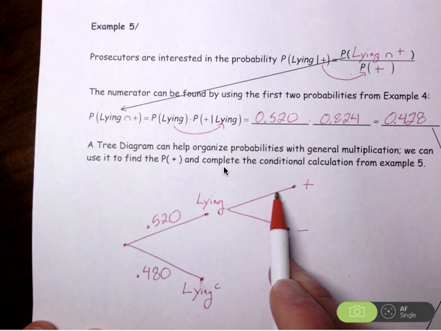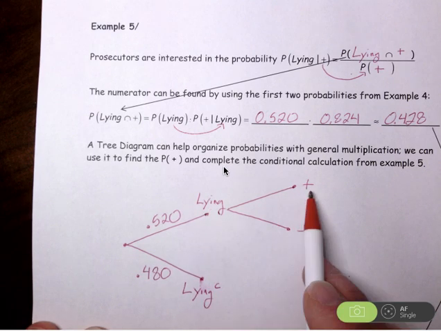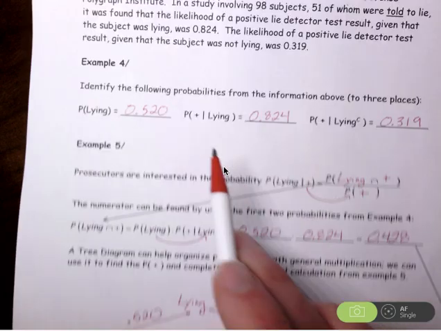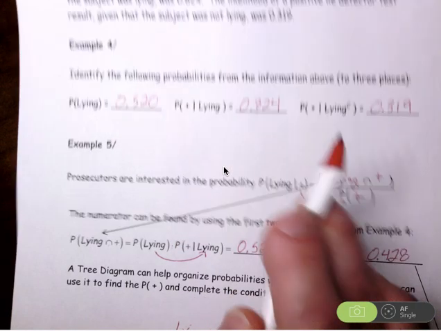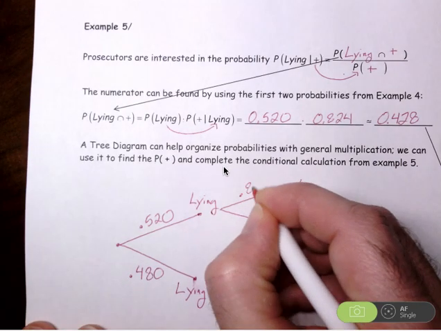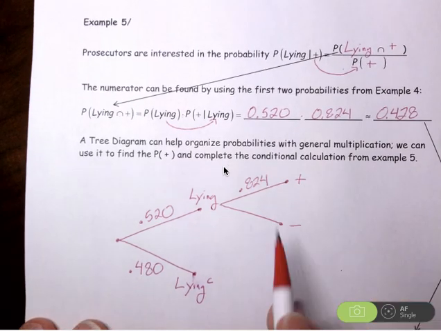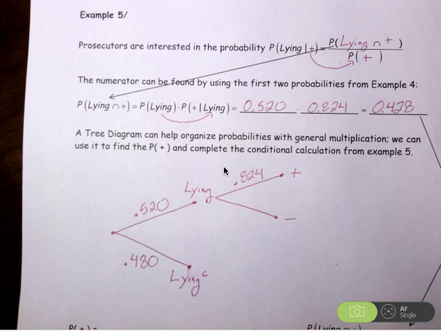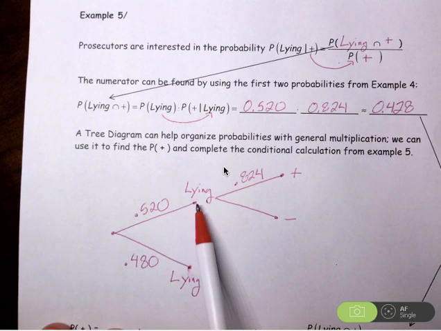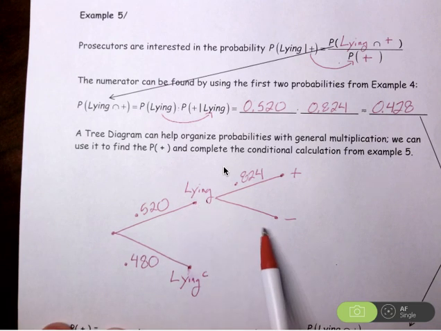This branch is a conditional probability: given that they're lying, the likelihood of a positive test result is 0.824. So I can do 1 minus 0.824 to get the likelihood, under the condition that someone is lying, of a negative test result.